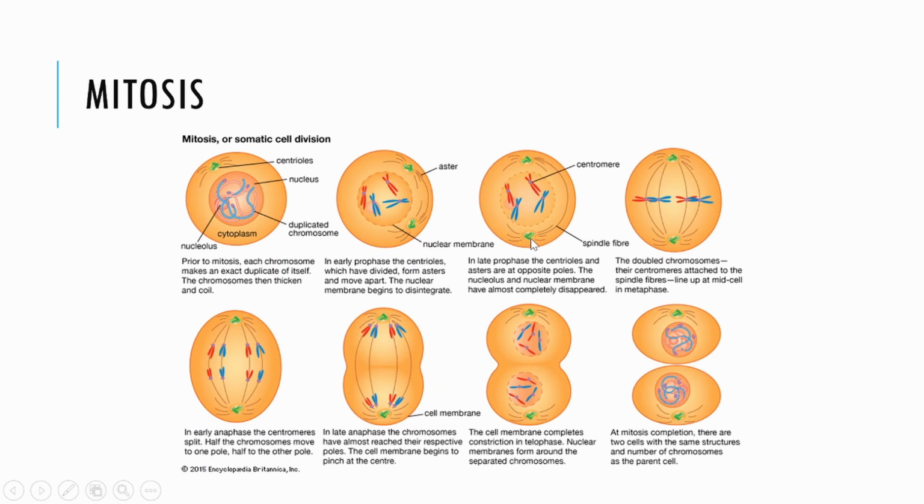Think like a globe, like North Pole, South Pole. And they're going to start sending out little fibers that are going to grab on to our chromosomes at the centromere.